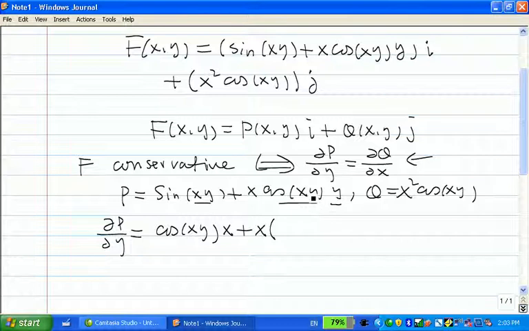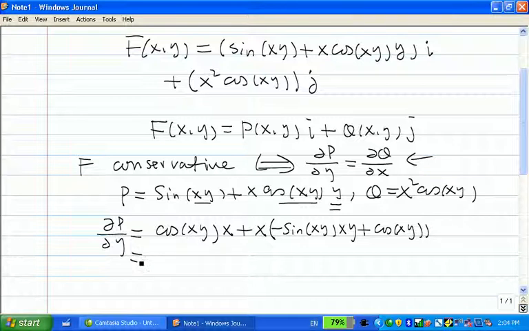Take the derivative of the first factor with respect to y, which gives you negative sine xy, then the derivative inside, which gives you x, and keep the y there. Then plus, fixing the first factor, cosine xy, the derivative of the second factor, which gives you 1.